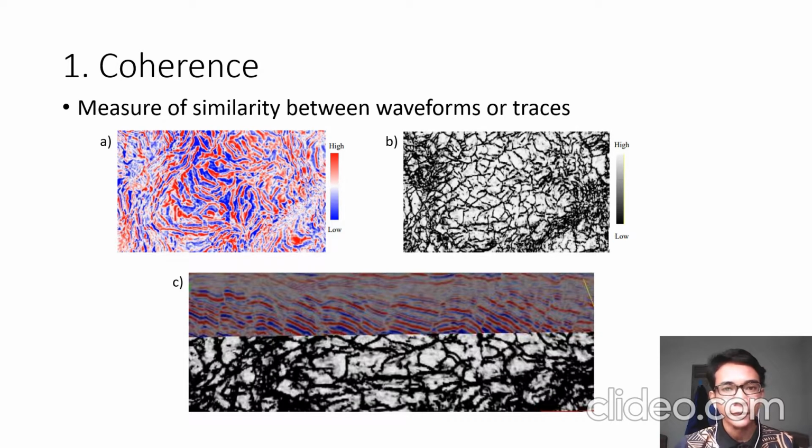The calculated coherence volumes dramatically enhance the ability of the interpreter to observe structural and stratigraphic discontinuities. For example, in figures A and B, we show a comparison of a time slice through the seismic amplitude and coherence volumes.